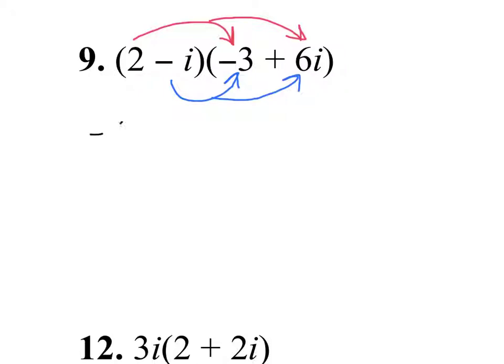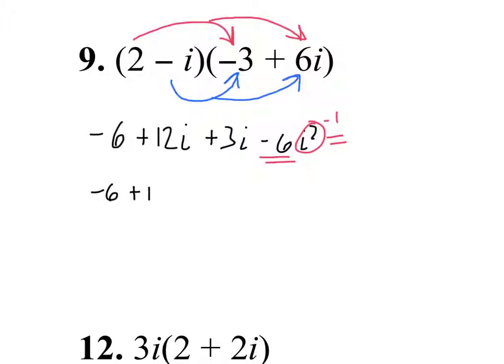So we get negative 6 plus 12i plus 3i minus 6i squared. But i squared is negative 1. So that means we have negative 6 times negative 1, or positive 6. So negative 6 plus 12i plus 3i plus 6.